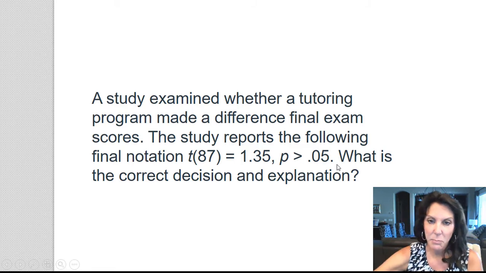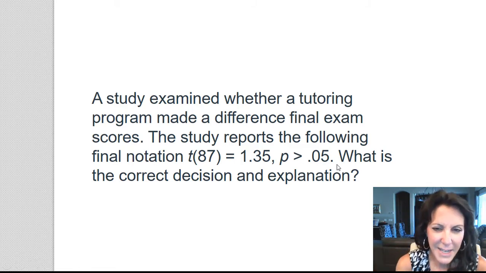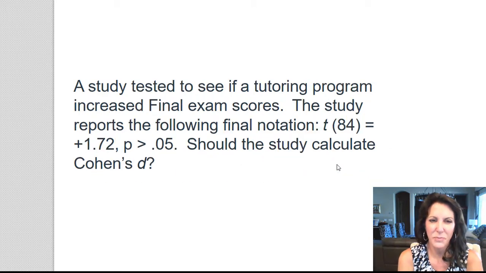Our alpha level is 0.05, and if the probability of finding our mean is less than that, then we would reject the null, but we can't here. Our probability is greater than 0.05. So what we would say is the tutoring program didn't make a difference in final exam scores. That's our explanation. So the decision is fail to reject, and the explanation is tutoring program did not make a difference in final exam scores.